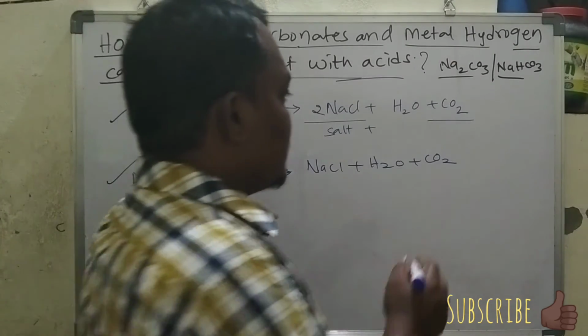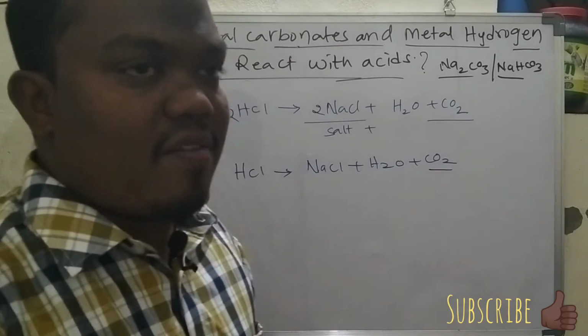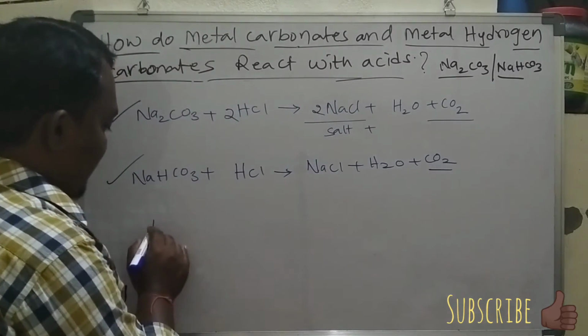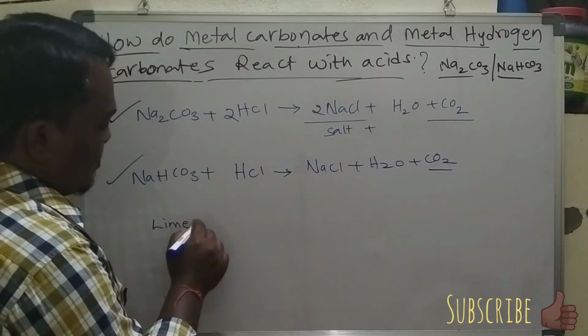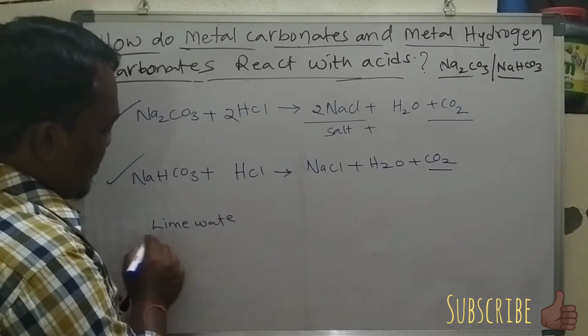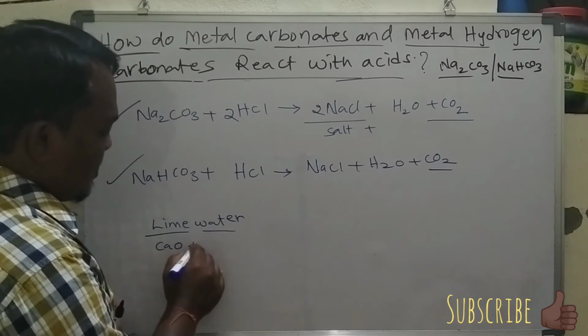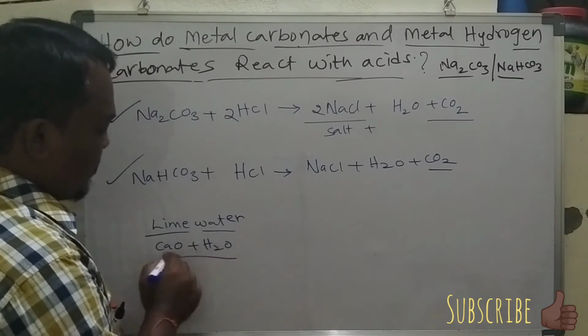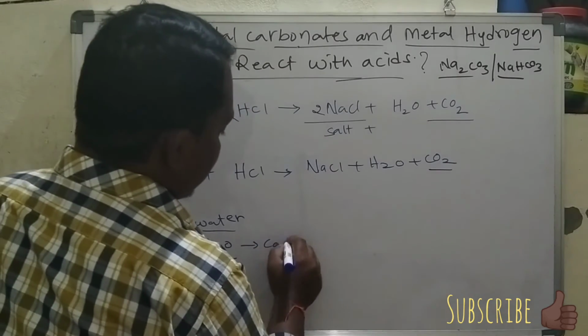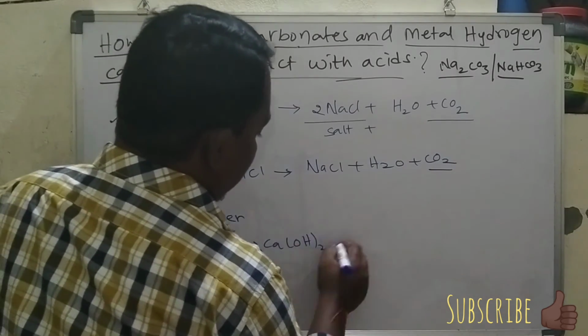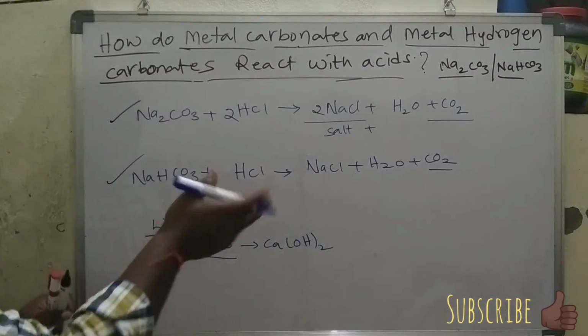In the previous example I took lime water, no? Actually, the lime formula is CaO. Lime with water means we should take it like this, so it becomes calcium hydroxide. Actually I forgot to tell that earlier.